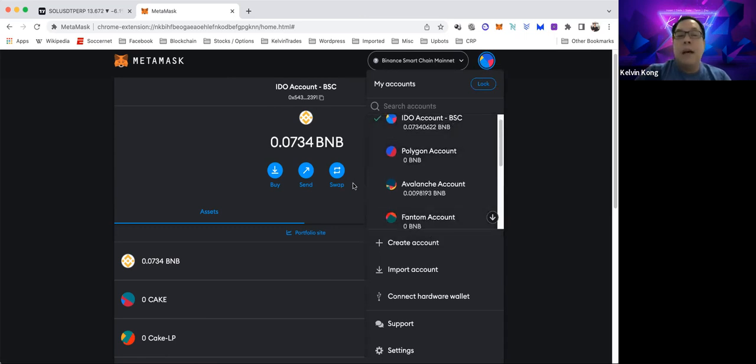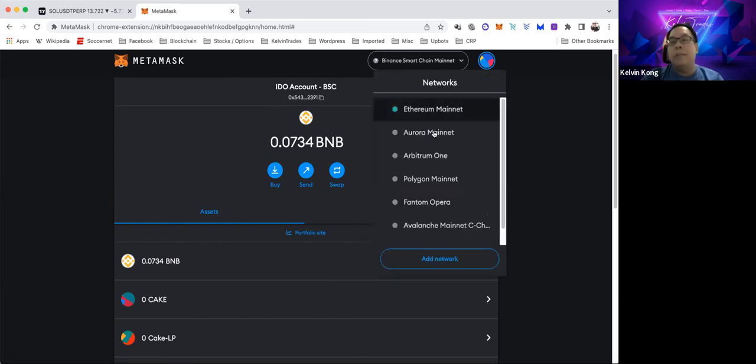So that's how MetaMask can work for you. You want to create wallets, come over here, create account. Or if you have other wallets outside, you can import them into MetaMask as long as they fall into these blockchains.